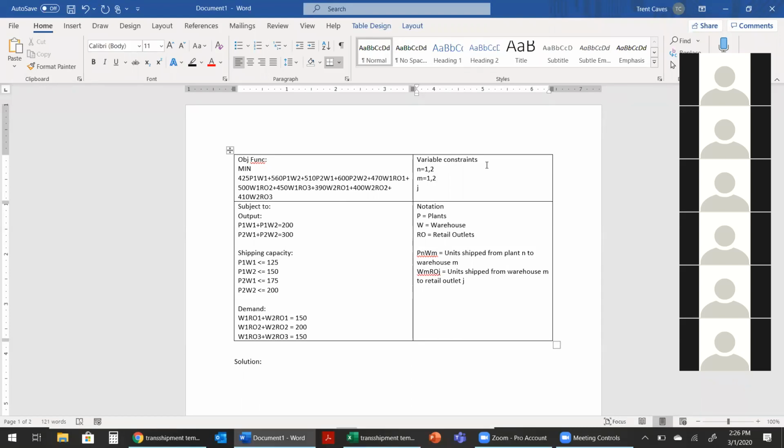And J is 1, 2, or 3. And our shipments from plants to warehouses and from warehouses to retail outlets are non-negative.